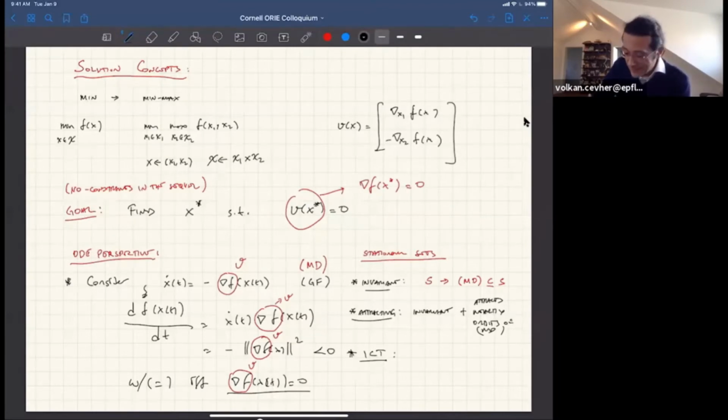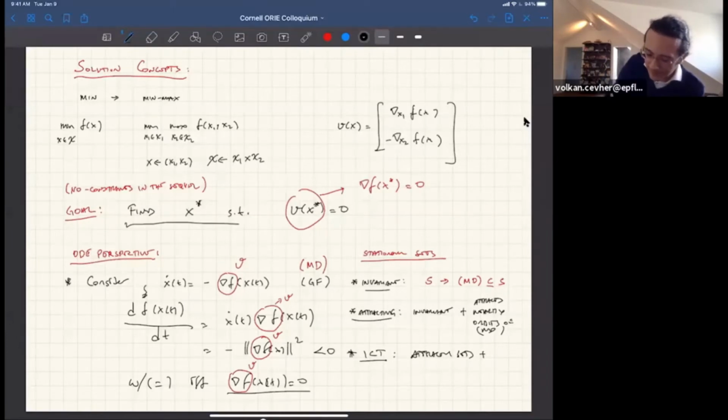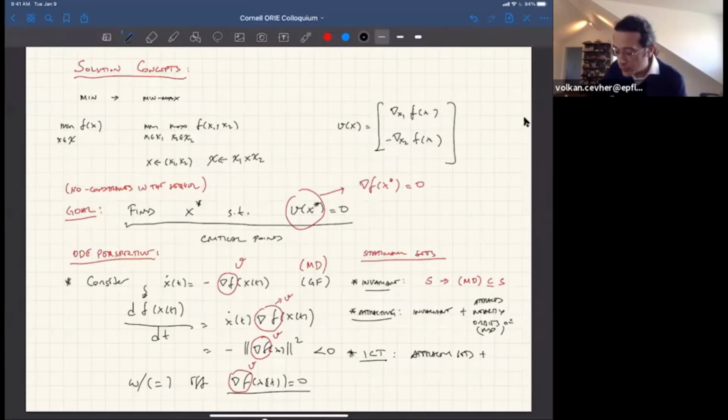And then internally chain transitive sets. These are attracting sets, and some of them do not contain critical points. So let's call this, they have spurious attractors as well.